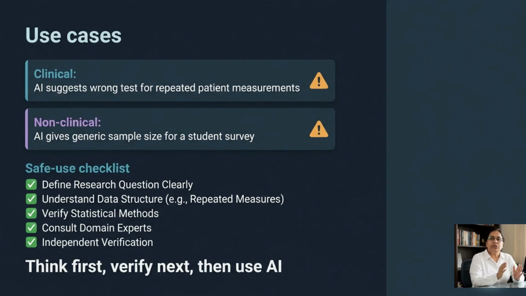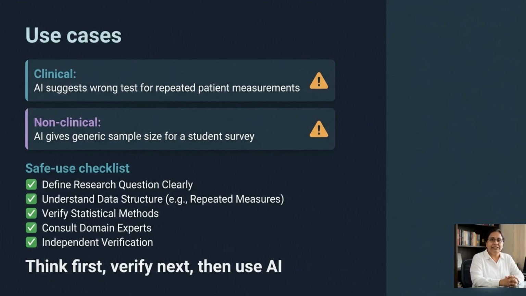Let us connect this to two simple examples. In a clinical study, AI may suggest a test for independent groups even when the same patients are measured before and after treatment. That would be the wrong logic. In a non-clinical study, AI may provide a generic sample size for a student survey without asking about expected prevalence, precision, or dropout rates.